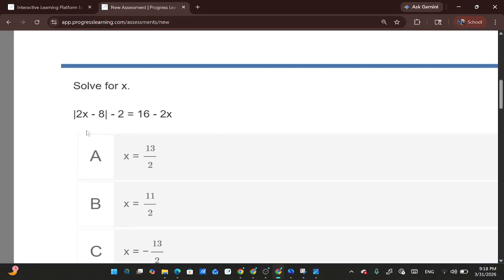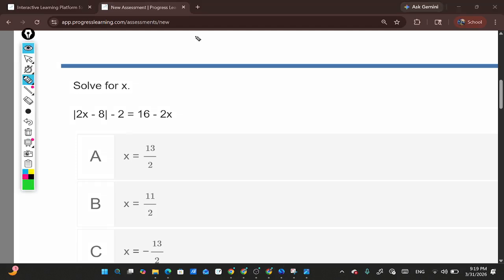So, in this question, as you see, we have the absolute value of 2x minus 8, but we have here negative 2, or subtract 2. So what we need is the addition. We can use the addition property of equality like this. To make it easy, we can just move the 2 to the other side, but when we move the 2 to the other side, we add 2.